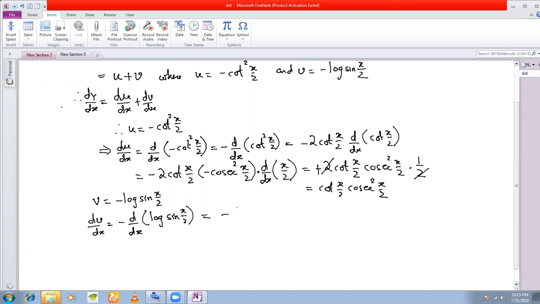First we differentiate the log to get 1 by sin x by 2, into the d dx of sin x by 2. So minus 1 by sin x by 2, and d dx of sin x by 2 is cos x by 2 into d dx of x by 2.